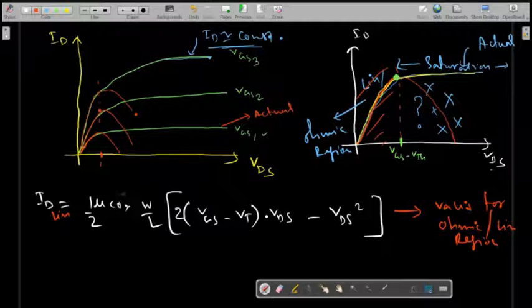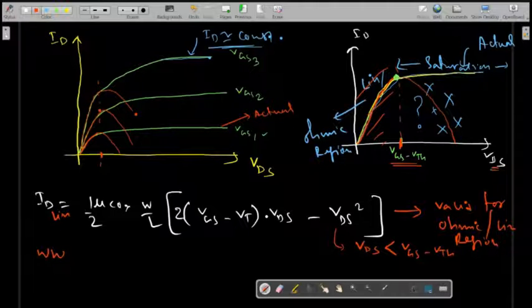The boundary is this; after that we cannot apply this equation. So it is valid when VDS is less than VGS minus VTH. When the value of VDS is less than VGS minus VT, we can apply this equation.